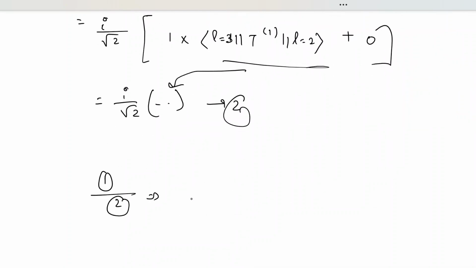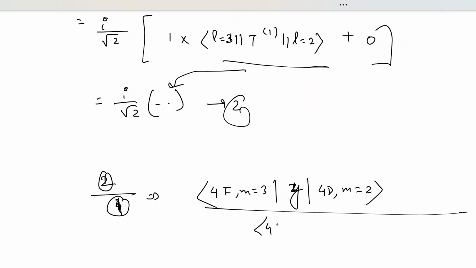Take the ratio 2 by 1 instead. So for m equal to 3, this was y, then the d, m equal to 2 divided by the f, m equal to 2, and z, the d, m equal to 2. So this is equal to i by root over 2 into 1 by 1 by root over 3.